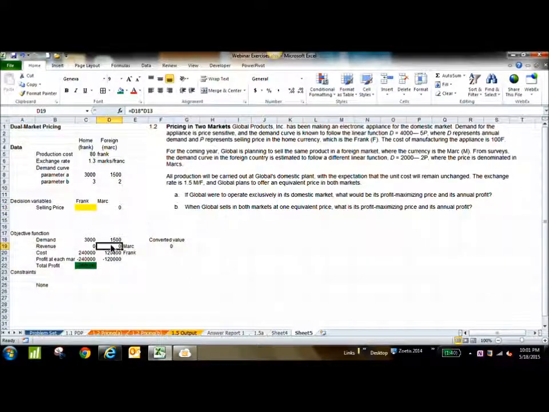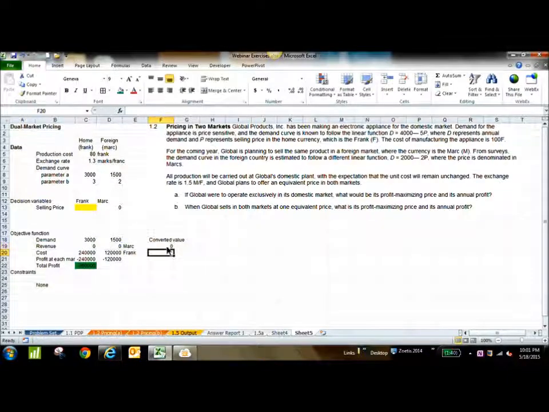This one is going to be in mark because it's using this. So you can't take mark minus franc. You have to convert this back. So we converted it back to this by dividing by 1.5, and then now we got the value.